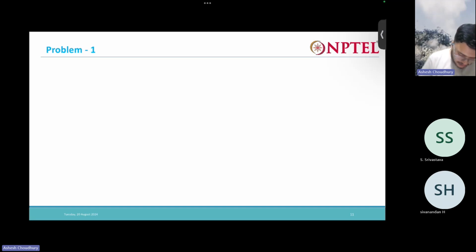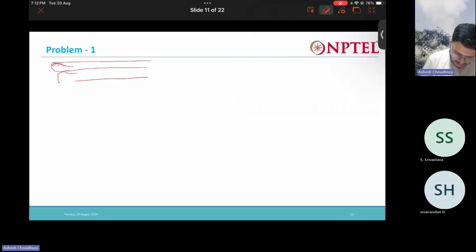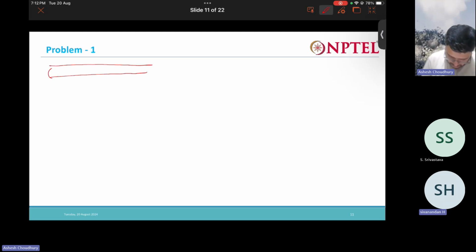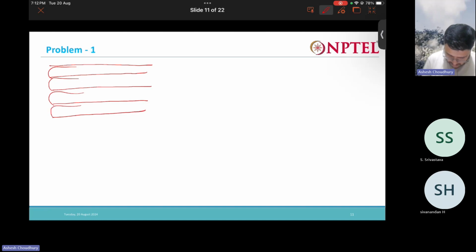Let me draw it like that only. It's a bit difficult to draw. Just a second. Layer 15, 14, 13, 12.